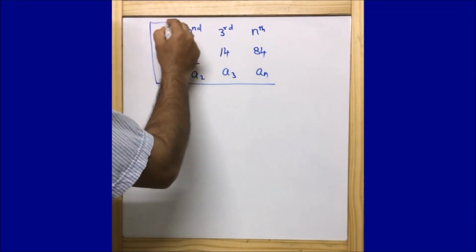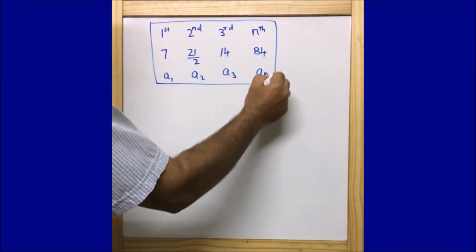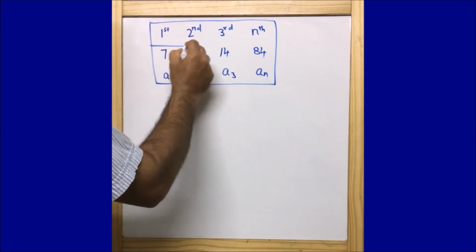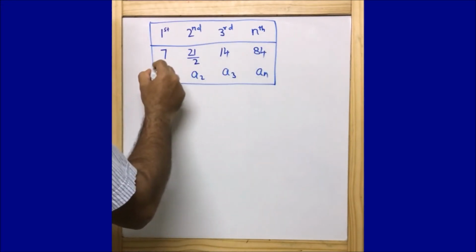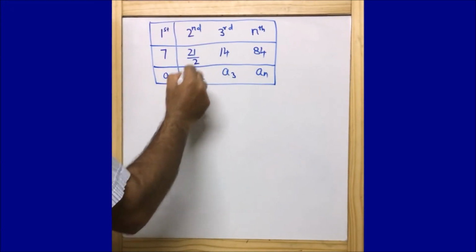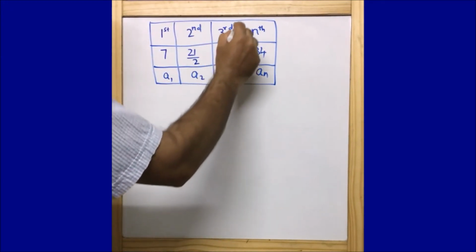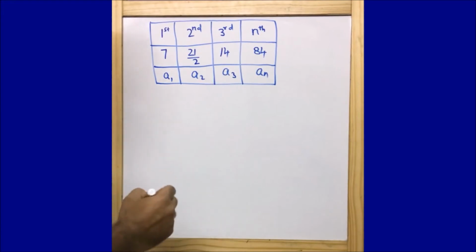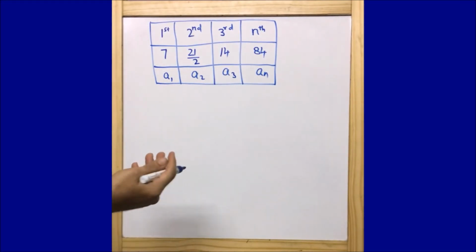Now we are going to find the sum of these given terms, and for that we are going to adopt our old process. First of all we find An, and once we get An, we find Sn, the sum.